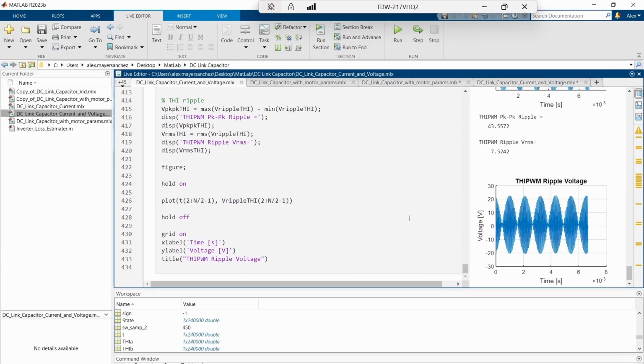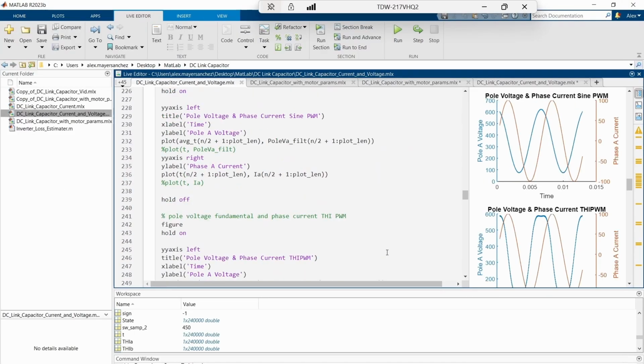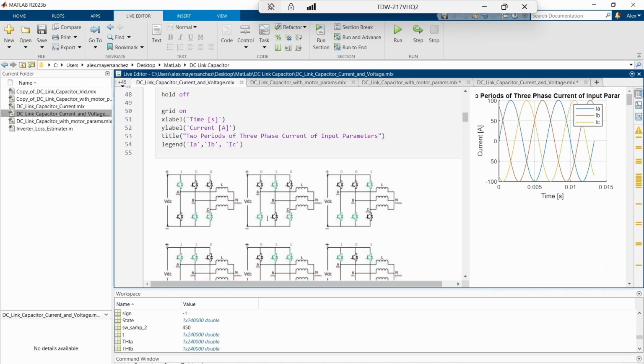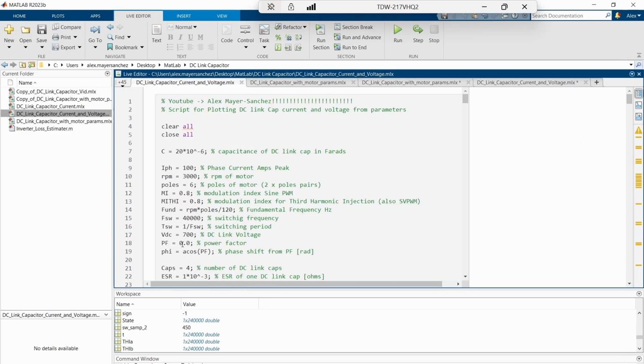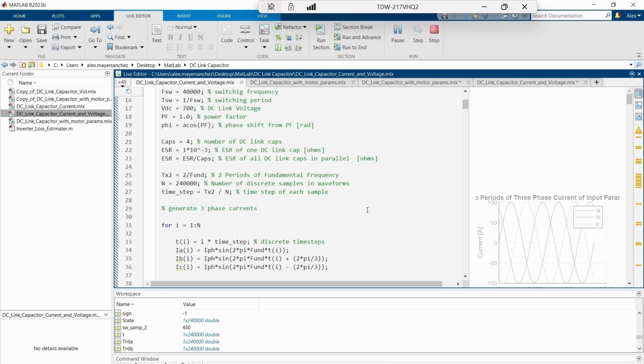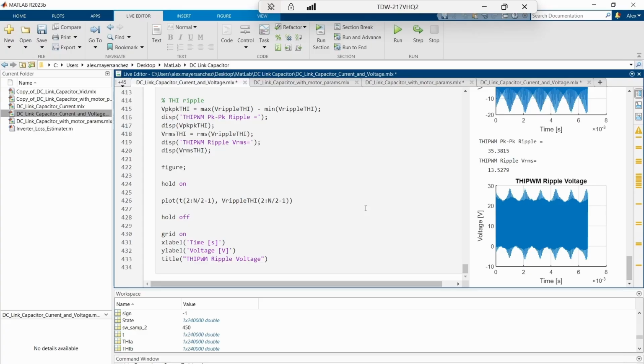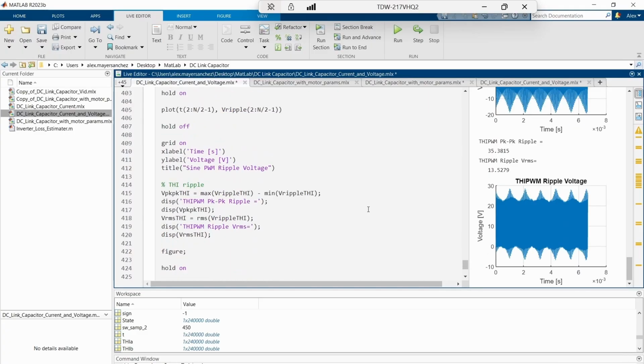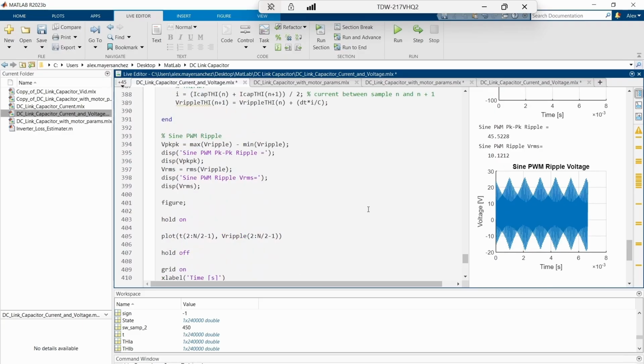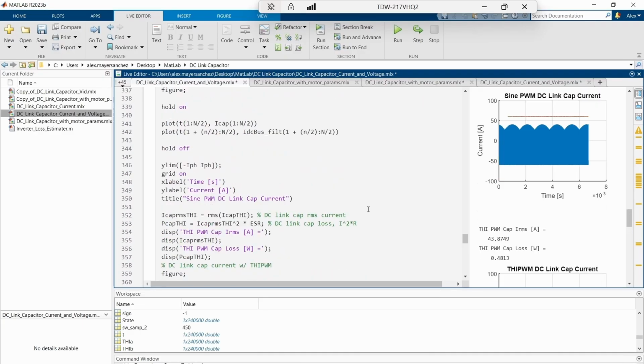And let's go ahead and change the power factor again. So let's see with a power factor of 1, what do we get? Alright, now we can see with a power factor of 1 how the voltage ripple has changed.